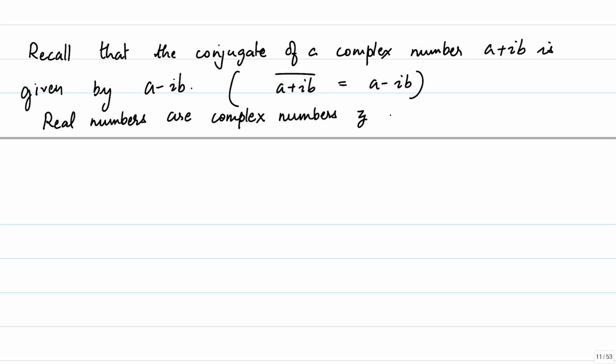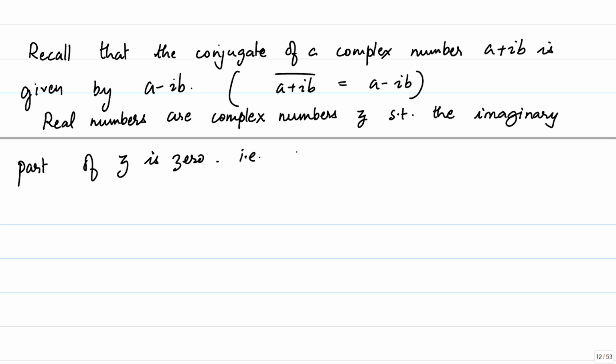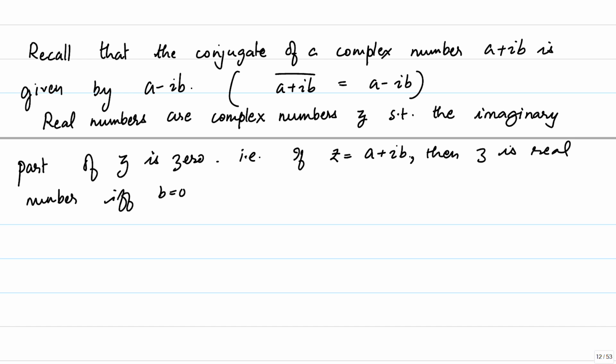Complex numbers Z such that the imaginary part of Z is 0, i.e. if Z is equal to A plus IB, then Z is a real number if and only if B is equal to 0, right.